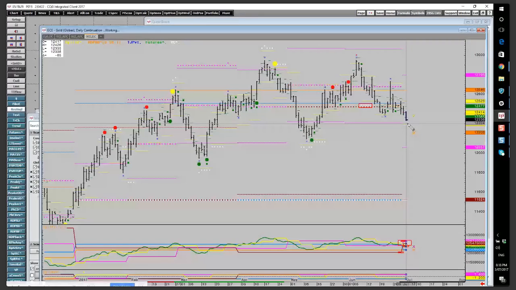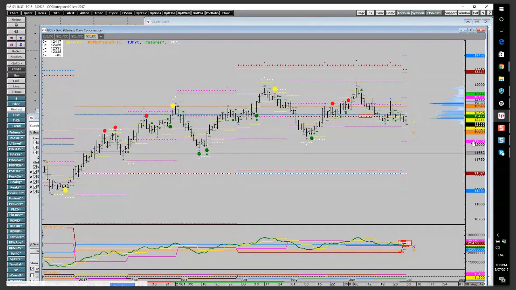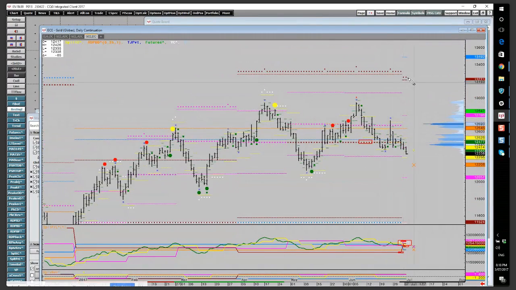So right now that market is overextended to the upside on a quarterly level. Just as I pointed out these little white dots when we discussed oil, these little white dots reflect the week to month relationship. Well, these brown dots reflect the quarter to year relationship.